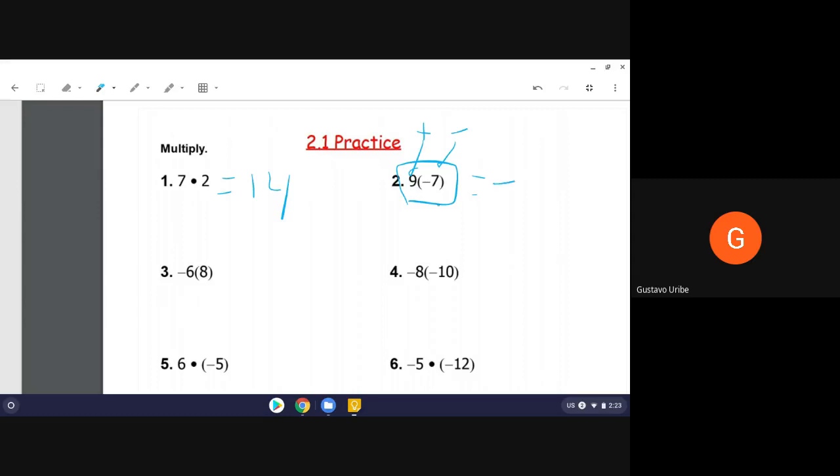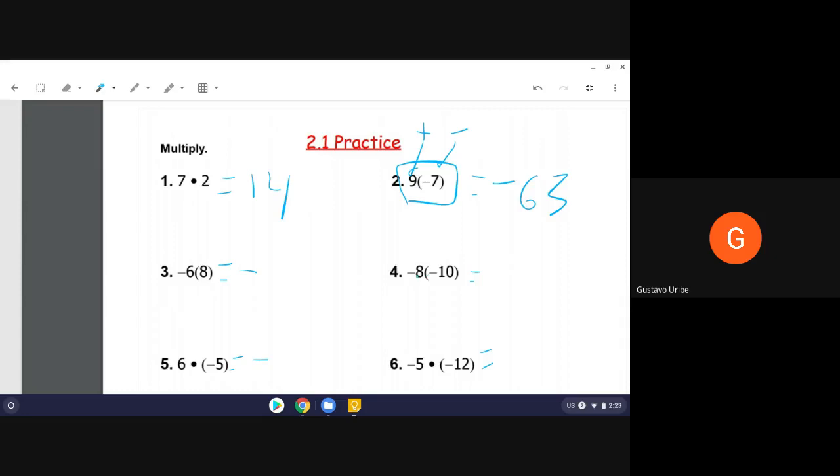And now I just follow 9 times 7, 63. Before you go on with these, let's figure out if my answer is going to be a positive or negative first. This is a negative. This is a positive, so different signs gives me negative. Positive, negative, different signs again. My answer is going to be a negative.